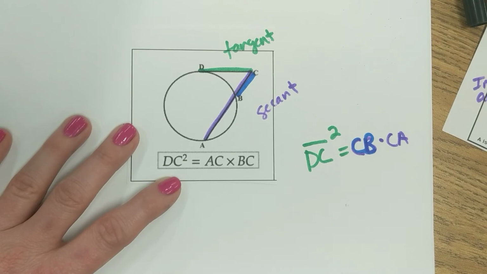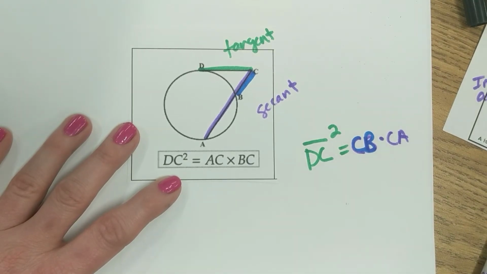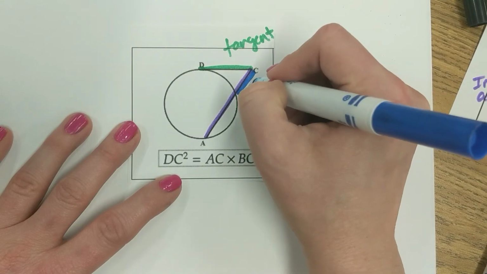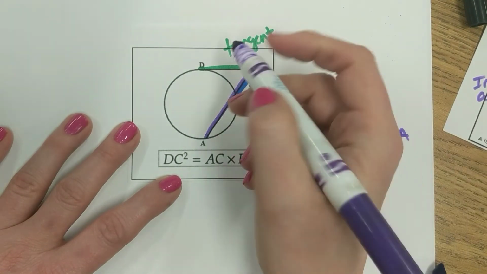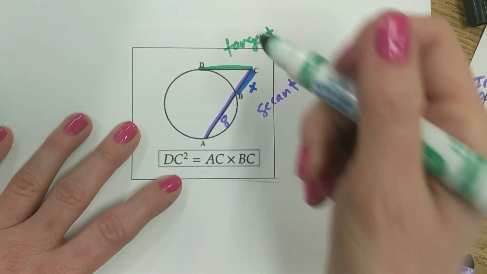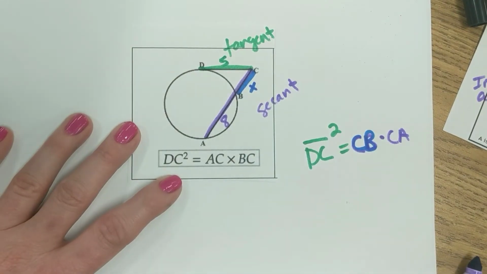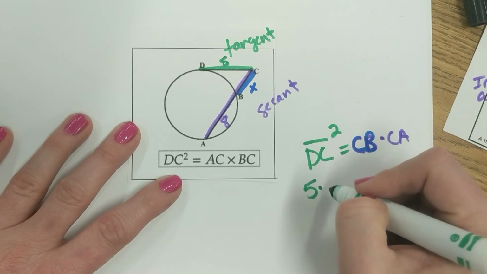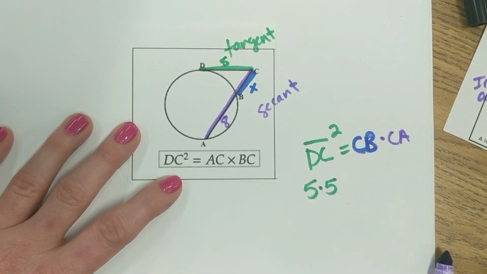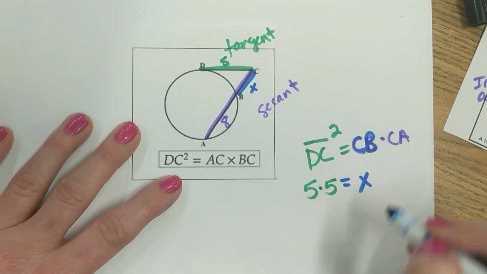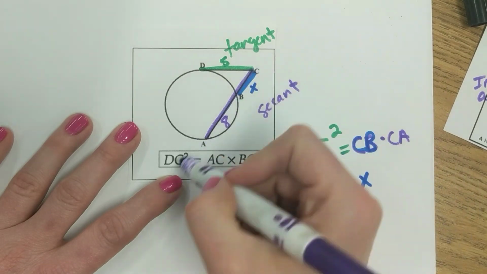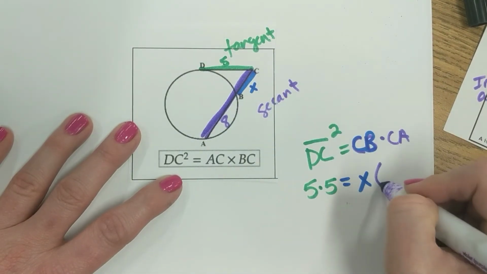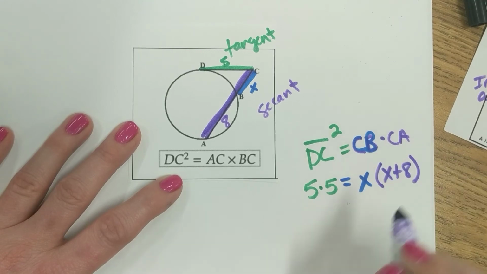And so let's put some numbers in here so that we can make this work. Let's call this X, and let's call that 8, and let's call this 5. So I know that 5 times itself equals X times the whole purple line, this whole secant, which would be X plus 8.